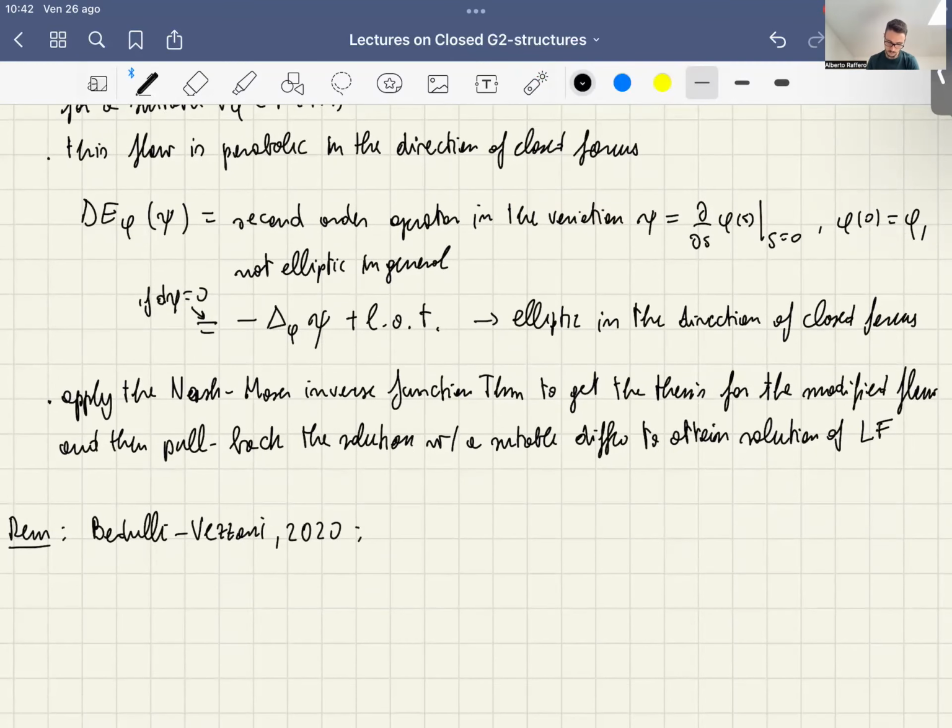So you can have a look to this very short note. It's, I think, around 4 pages.